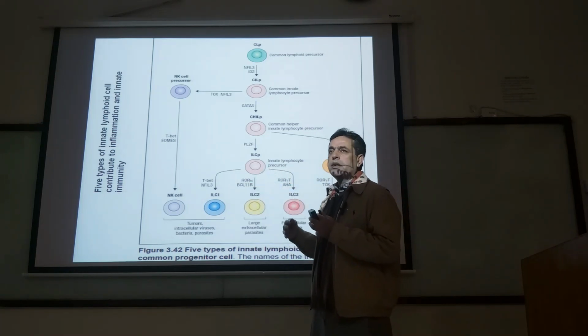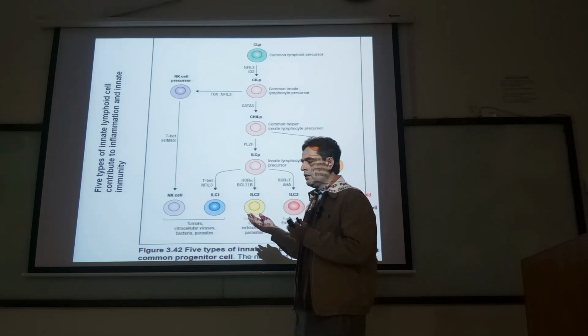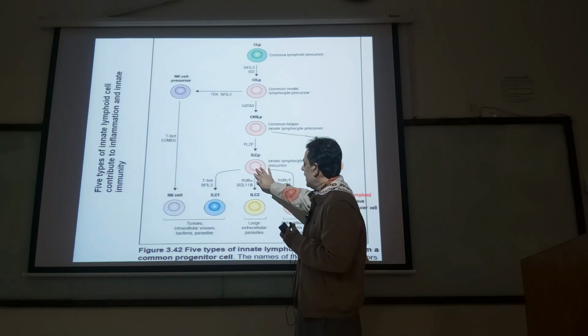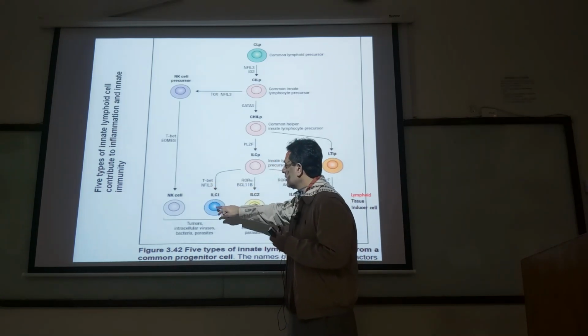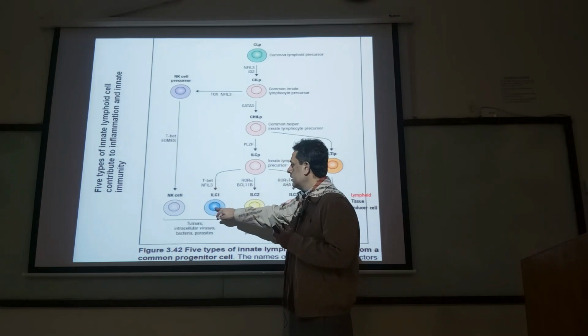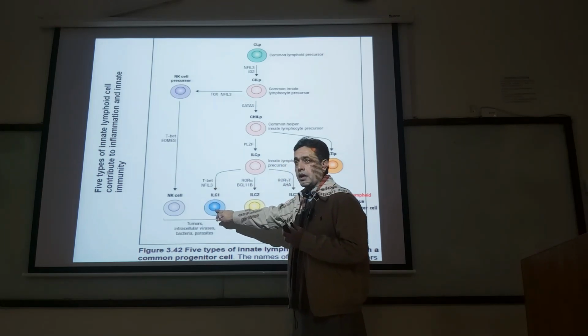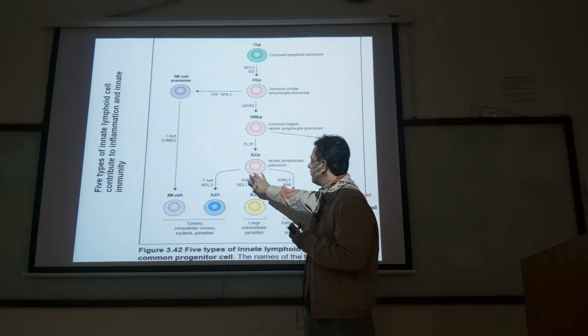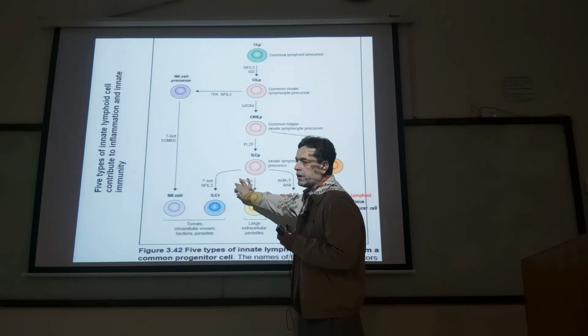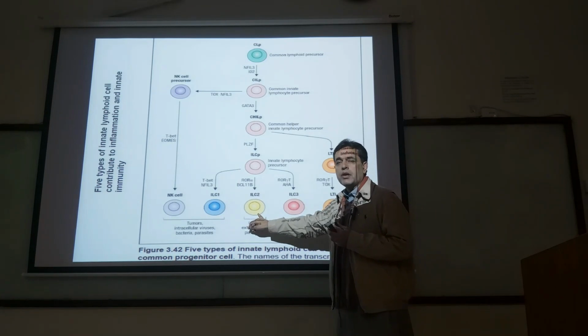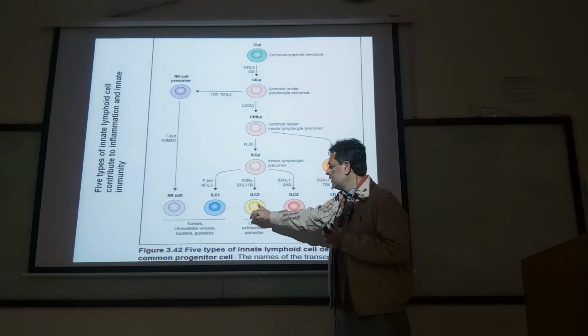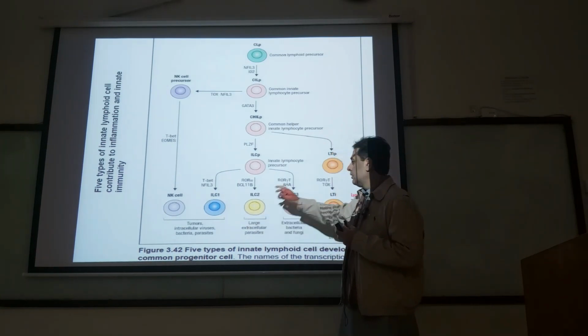It means this is the precursor of the lymphocytes. And the same cell, when it comes in contact with TBET and this transcription factor, will give rise to ILC1, but with a different set of transcription factor, it is going to give rise to a different lymphoid cell.